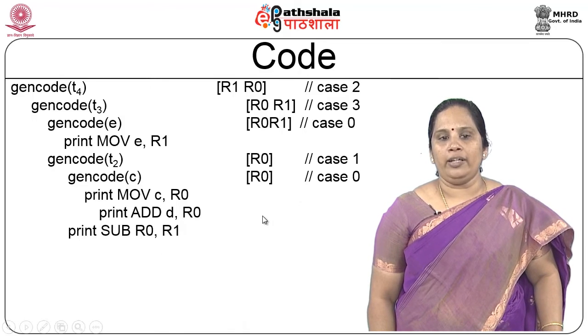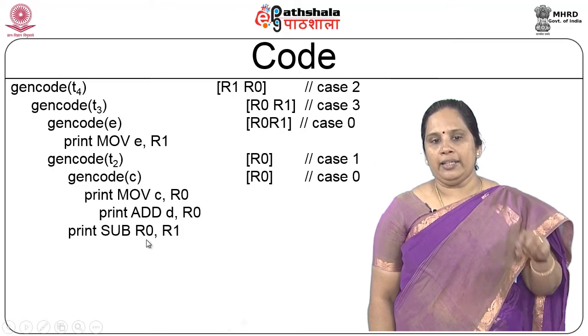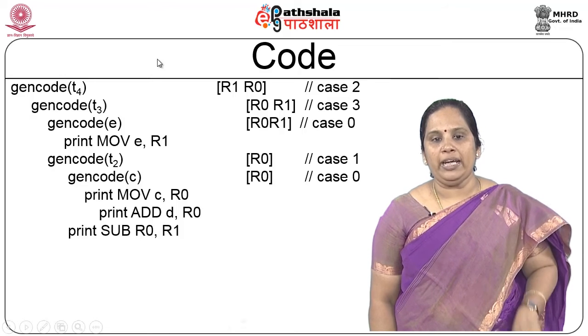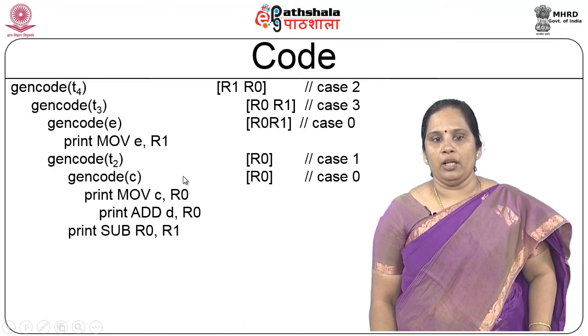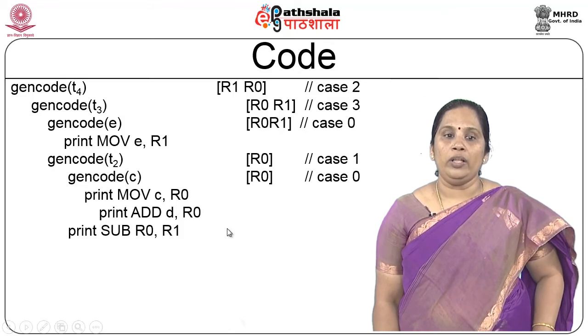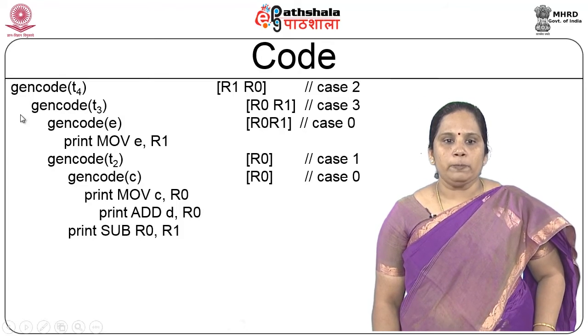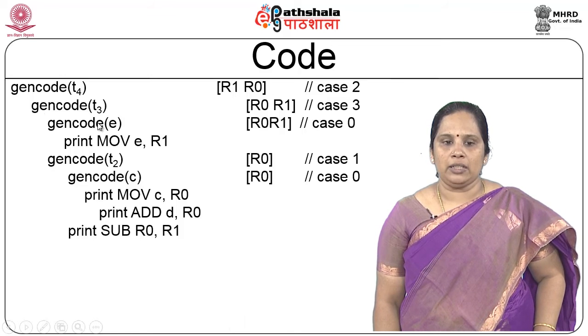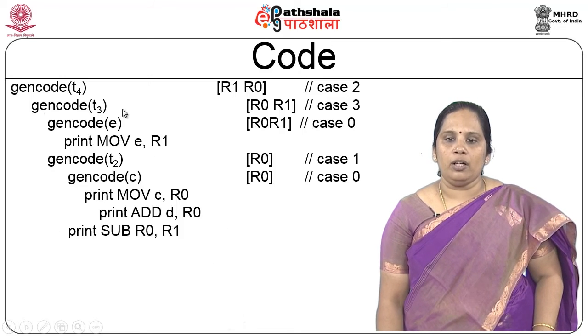So again it will fall under case 1. Case 1 will call the left child and then issue this command. So this will complete this particular situation, and then gen code of T2 will be subtract R0 comma R1. This corresponds to the swap, the gen code of E case.